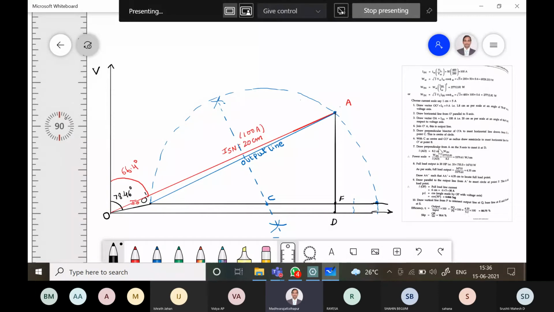You must measure from A to D, not A to F. So from A to D, you will get 8.2 centimeter.